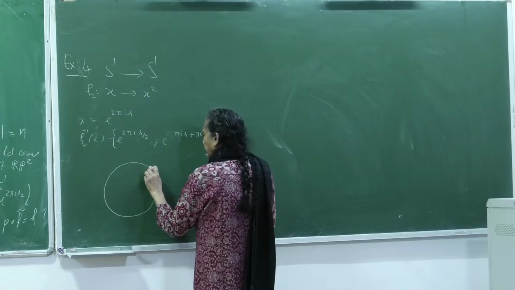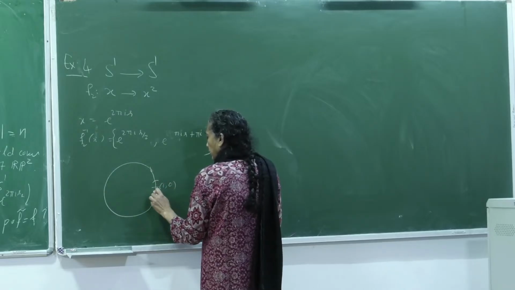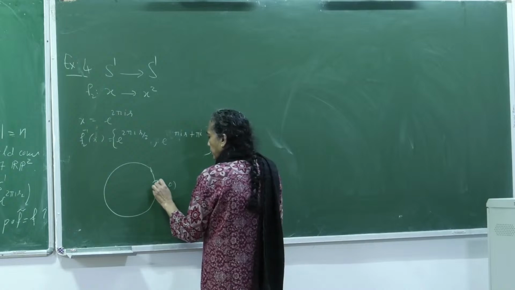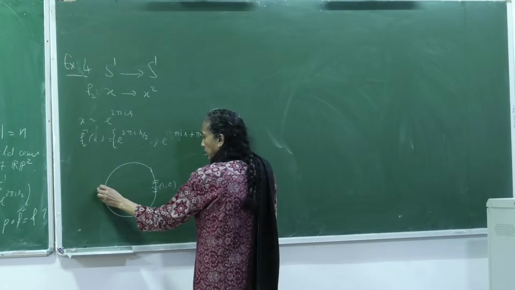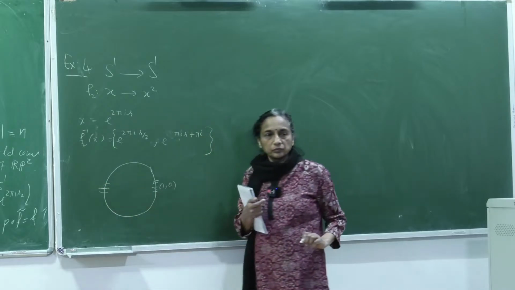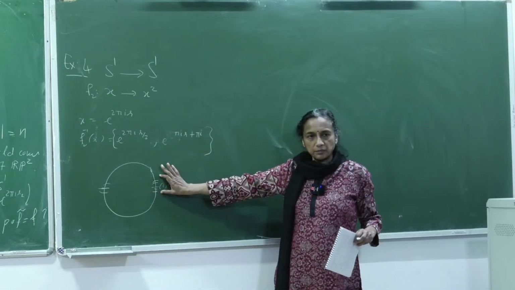For example, at 1, 0, if I take an open neighborhood, there is one inverse image here and one here. These two will square to go to the same neighborhood.